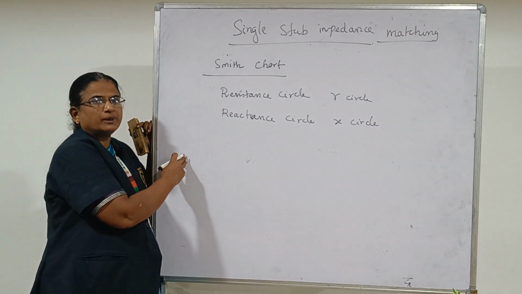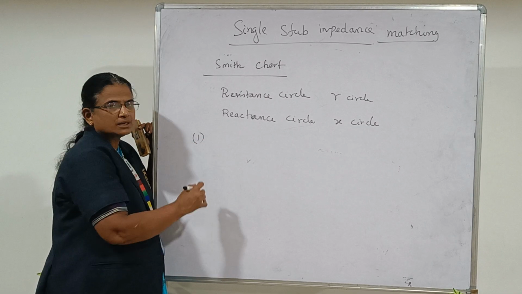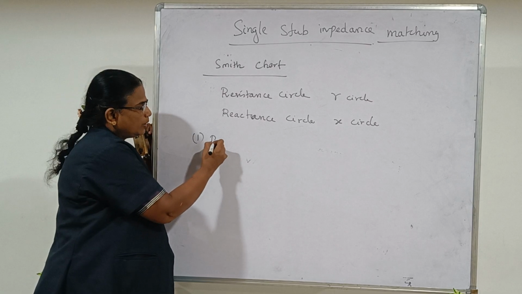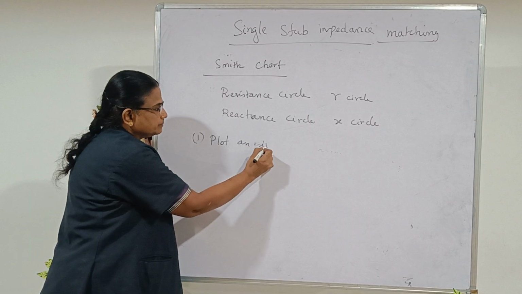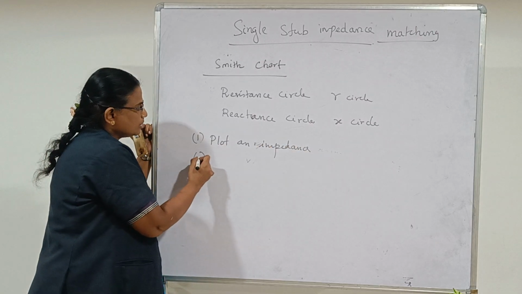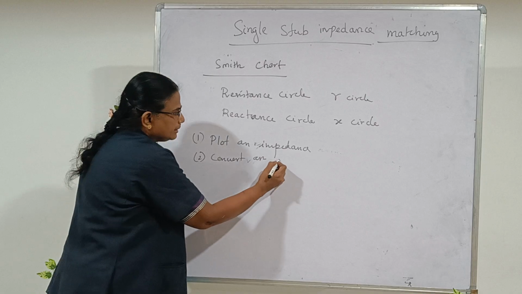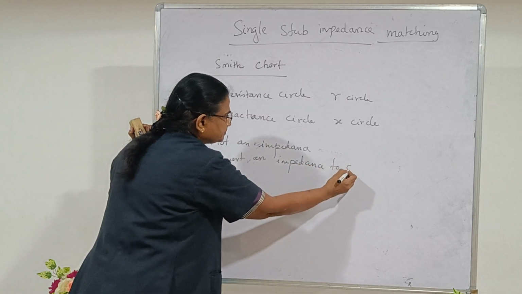So the various properties of the Smith chart are, the first property is we can plot an impedance. The second is we can convert an impedance to admittance.